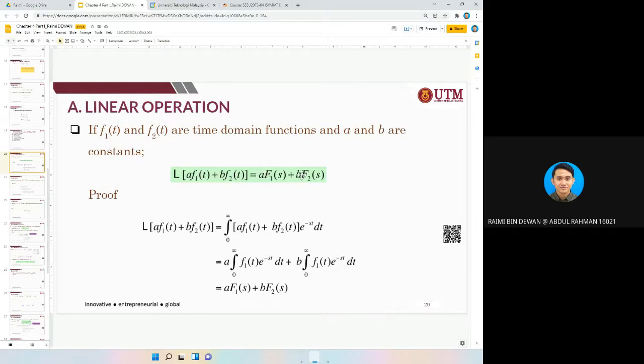The same constants a and b stay outside your Laplace transform.